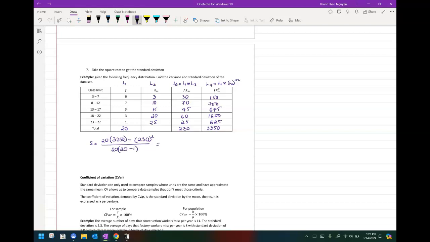So S squared is equal to 37.1. So the standard deviation is equal to the square root of 37.1, and that is 6.1.